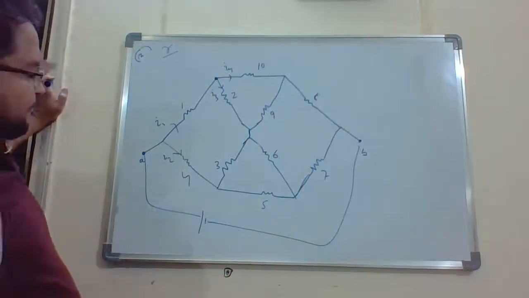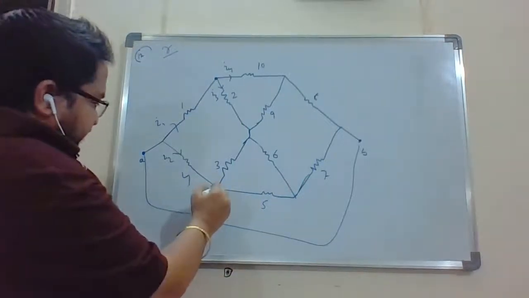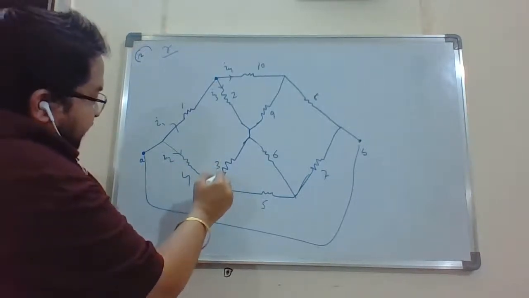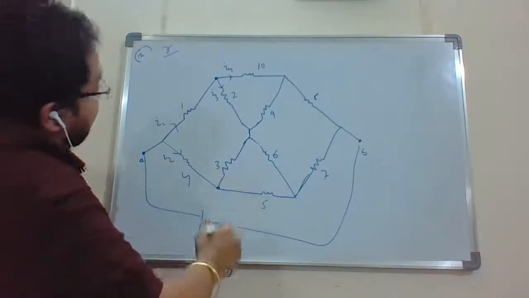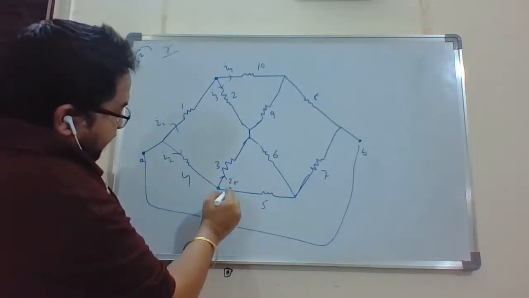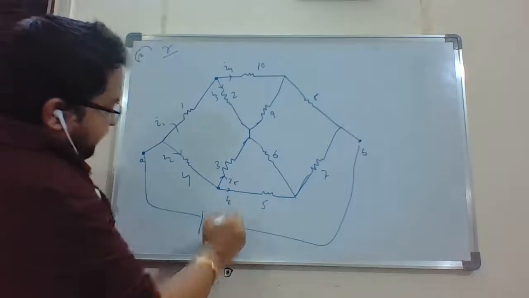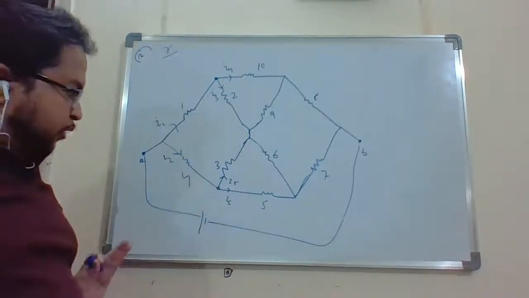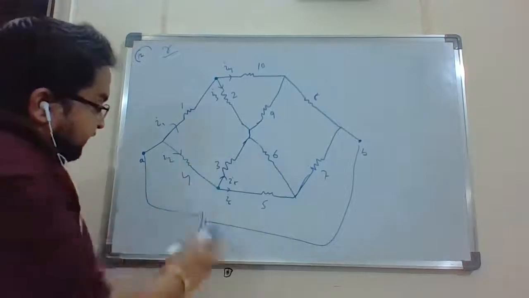Similarly, after reaching this point, this current I2 will also get divided. Let us call them I5 and I6. So we have reached half part of this circuit. Stop and then reverse the cell.